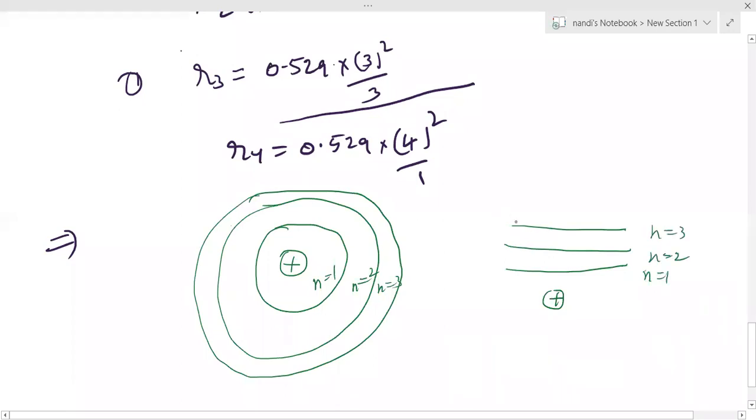For example, here one electron came to here. And again, next chance, the electron came to here, and from here to here it came.